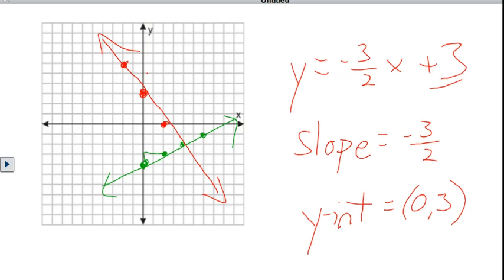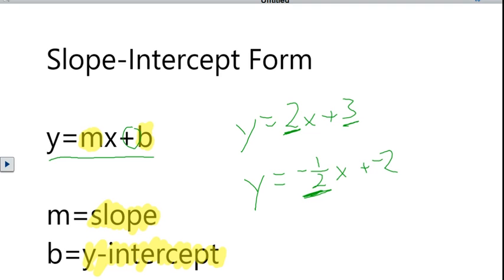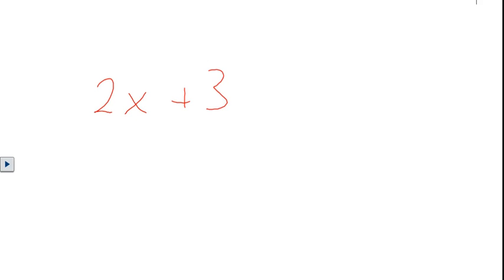Now, sometimes equations aren't written in slope-intercept form, so sometimes we have to solve them. For example, let's say I had something like 2x plus 3y equals 5. Okay, and I wanted to get that into slope-intercept form.